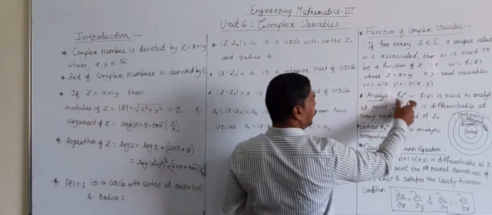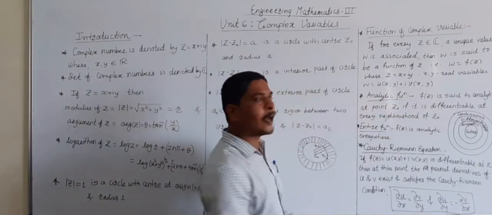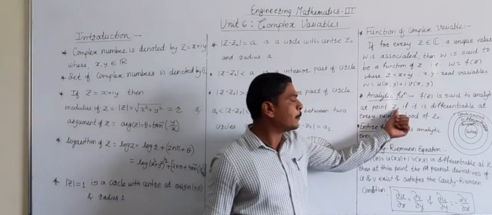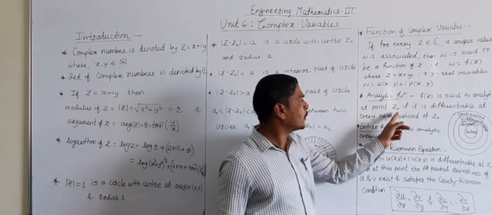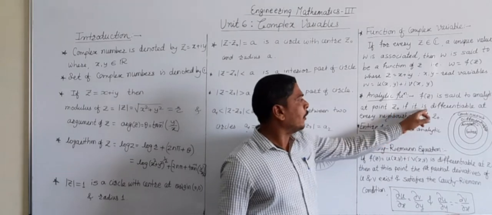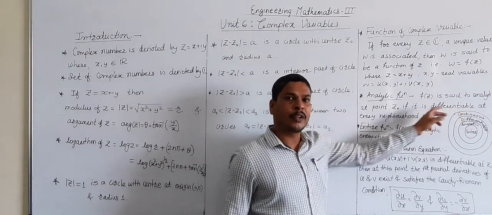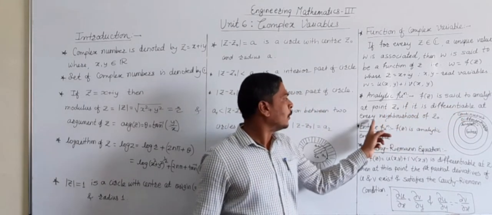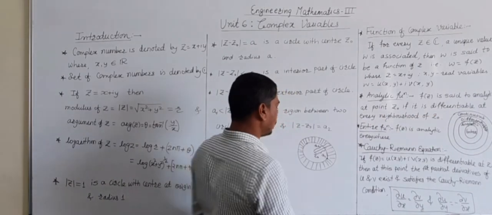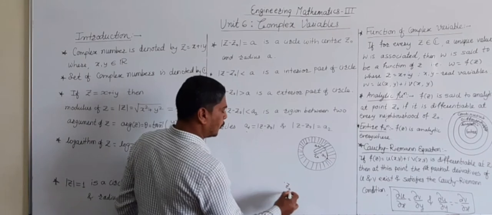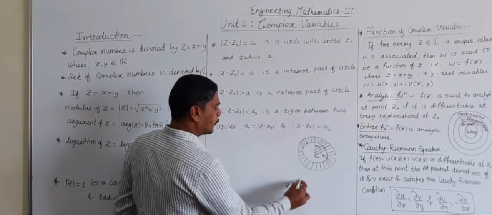Now analytic function. f of z is said to be analytic at a point z naught if this function is differentiable in every neighborhood of z naught. So suppose this is one particular point z naught and our function is f of z.